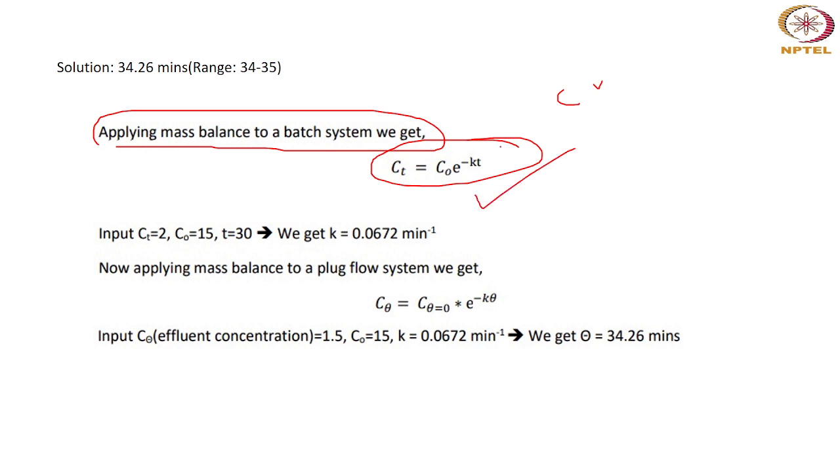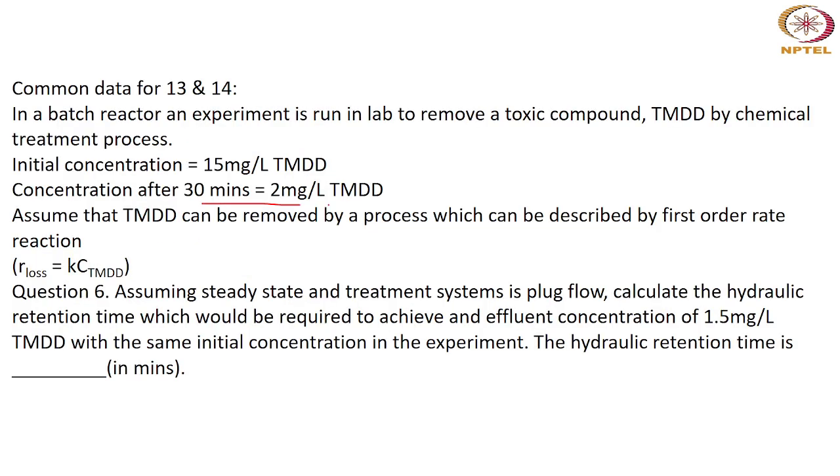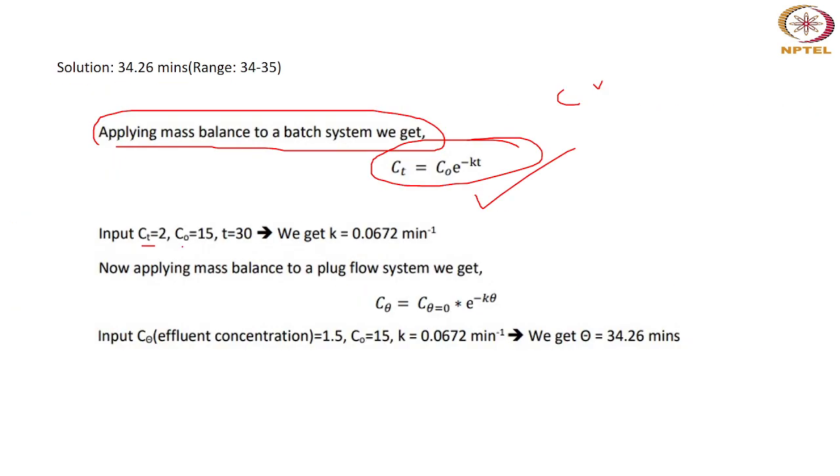You will find similar equations everywhere. Now the input for the batch experiment: Ct was 2 mg per liter after 30 minutes, the initial concentration was 15, and t was 30 minutes. If you put in the Ct, C naught and t values, you will get K as 0.0672 per minute. Fine, that is clear for everyone.